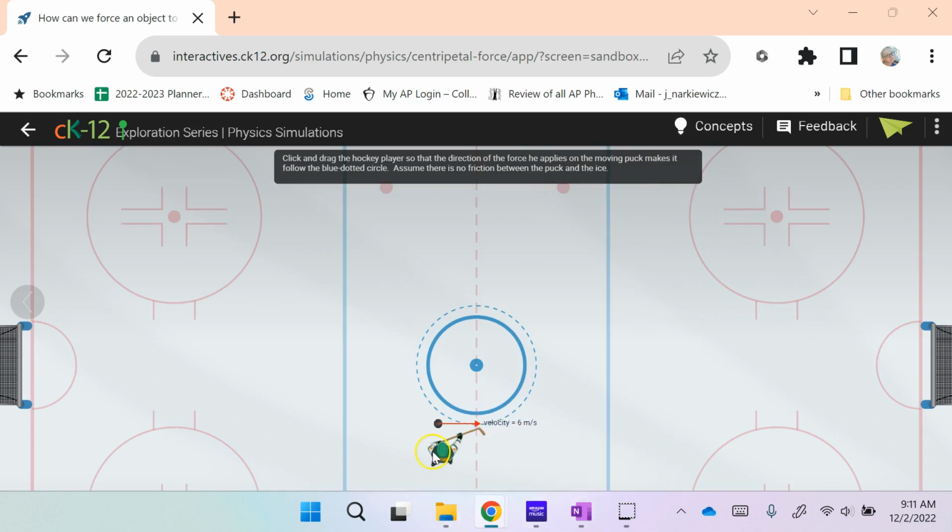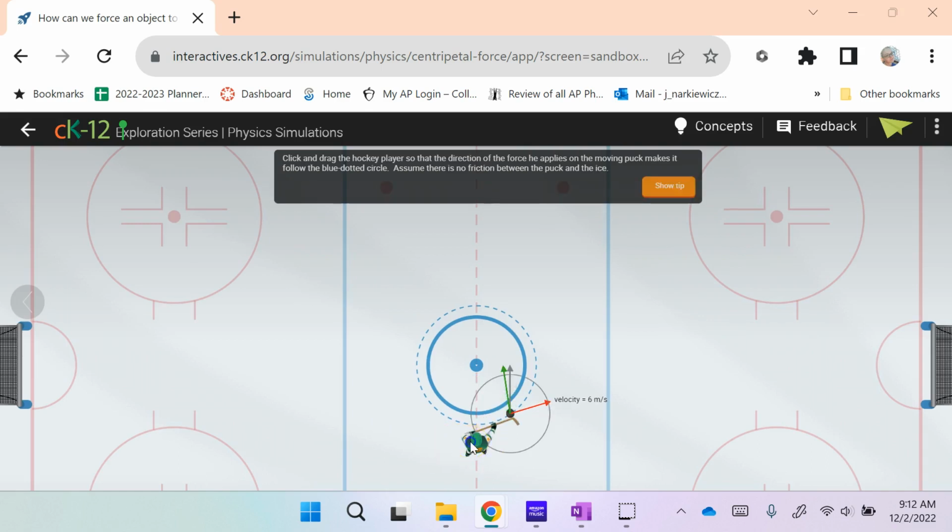Okay, so maybe I just have to apply more upward. Let me retry this. So let's try all the way upward. Let's just really go for it. Boom. Oh, that gets it. Okay, that was pretty good. So let's see if I can just continue to apply upward.